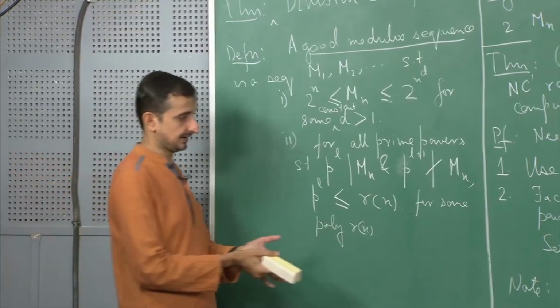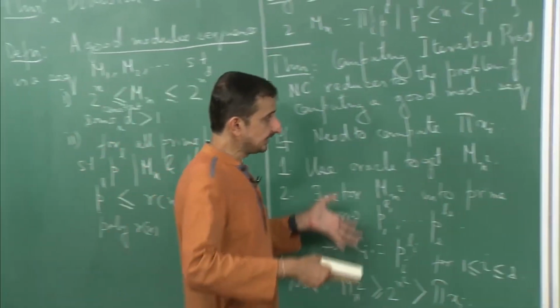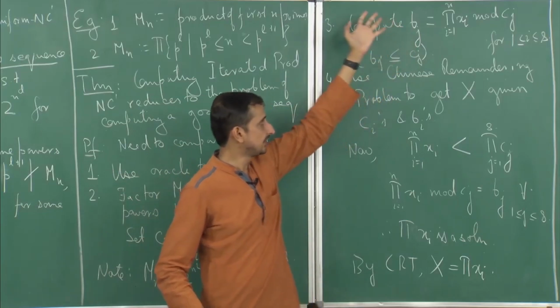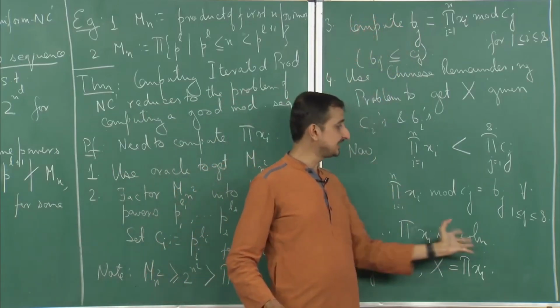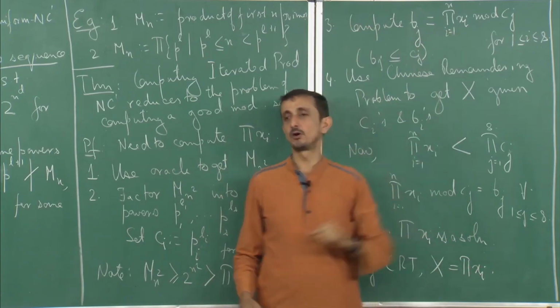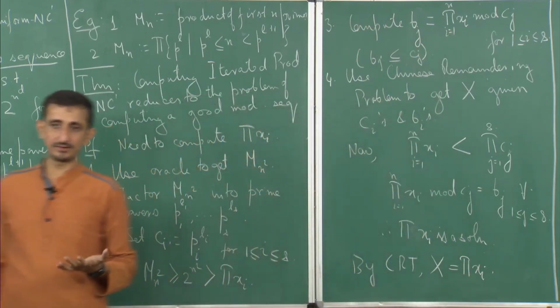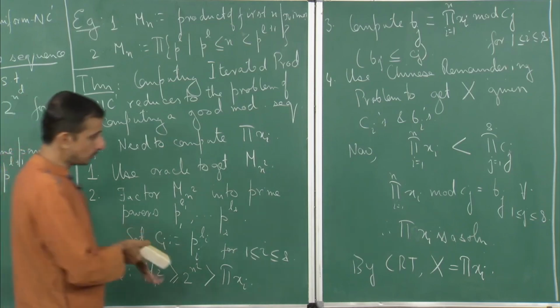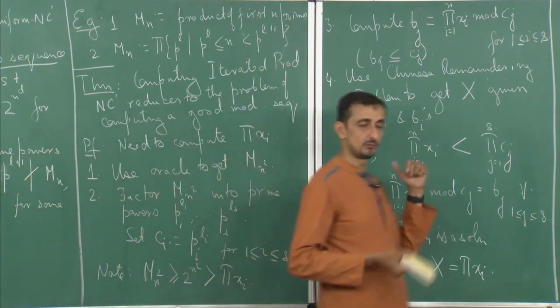The third thing is the way I design my Bj's. I define my Bj's to be the product modulo Cj, so the only solution that this input will have is x equal to the product of xi.